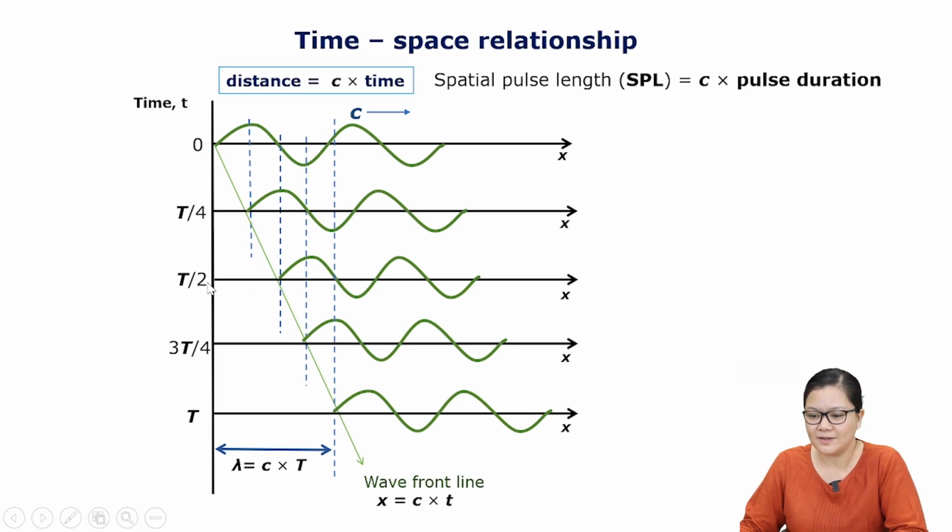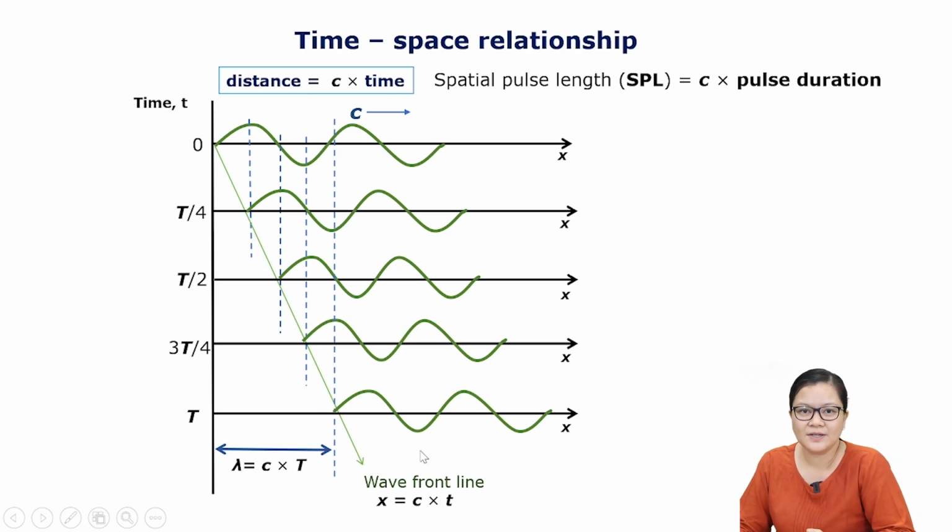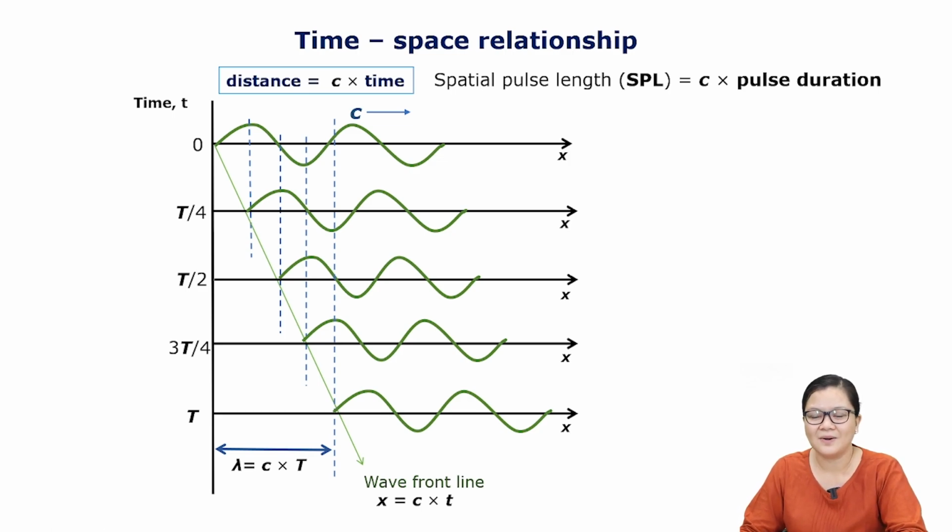Another instant of time has passed, and you can see that the wave is moving as well. As one period has passed, the wave has moved a distance that is equivalent to one wavelength. You can see here, this is a single front line. This gives you an appreciation of how an ultrasound wave has both time and space components. Later on, we'll delve more into the wave equation that includes both of these components in a mathematical formulation.